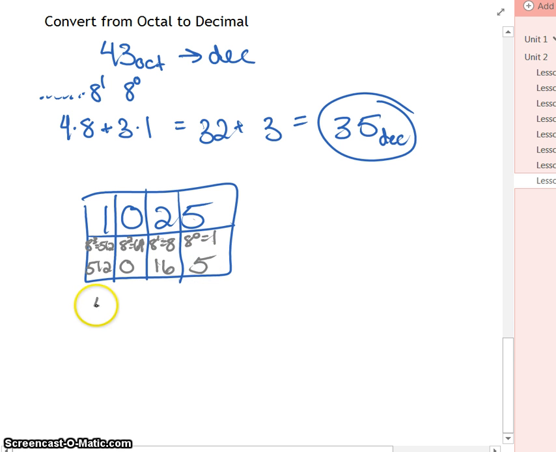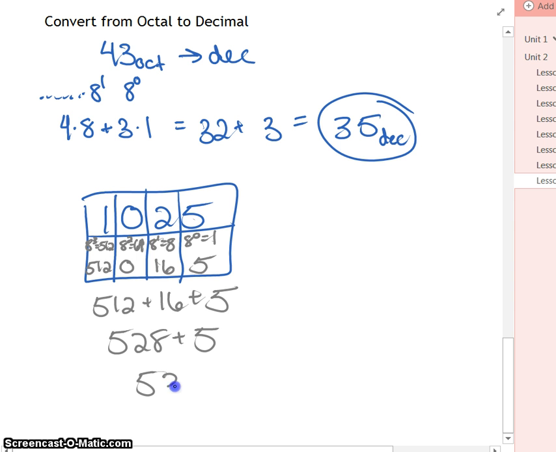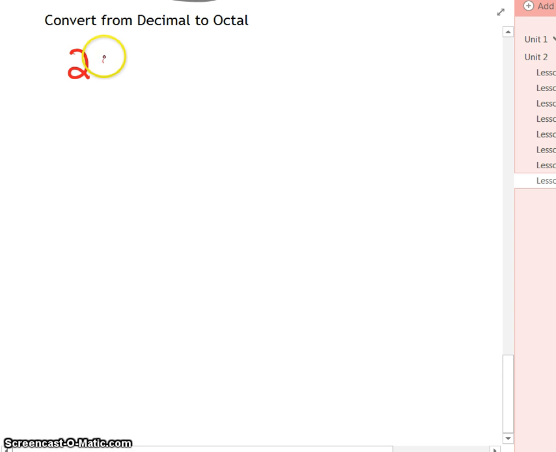So we do 512 plus 16 plus 5. So this would be 528 plus 5, which is 533 in decimal.